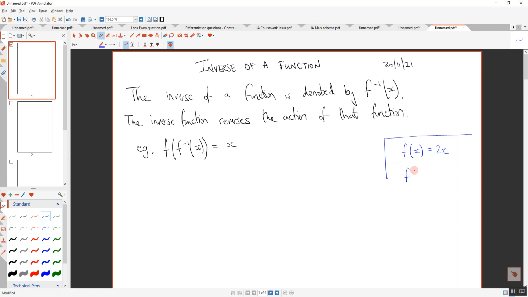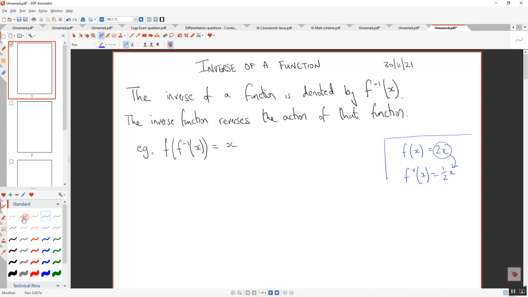Half x, or x divided by 2. Because if I think about this, we wanted to produce the opposite effect. So if I was to put this into this, I'm just going to get x out.